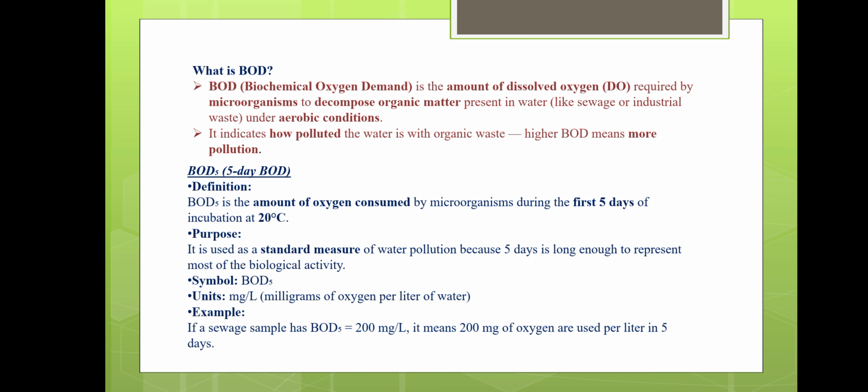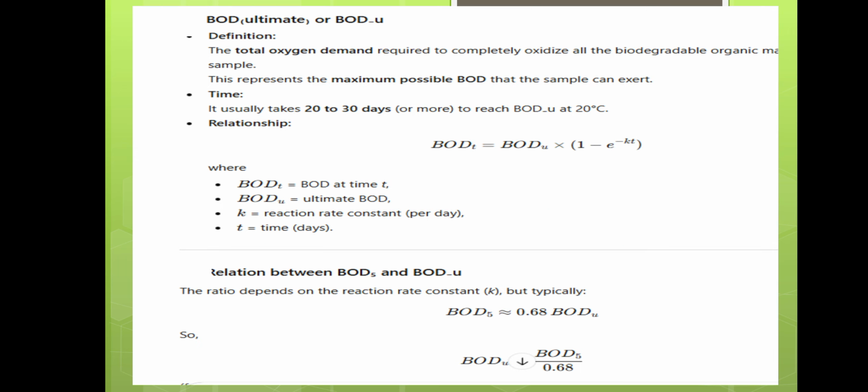Now coming to ultimate BOD. What is ultimate BOD? It is commonly written as BODU. What is the definition? The total oxygen demand required to completely oxidize all the biodegradable organic material is known as ultimate BOD.